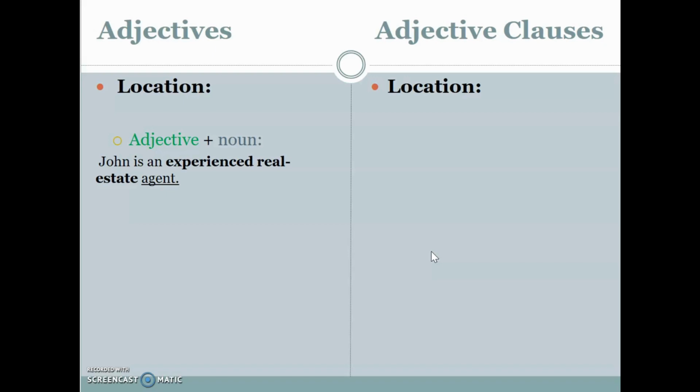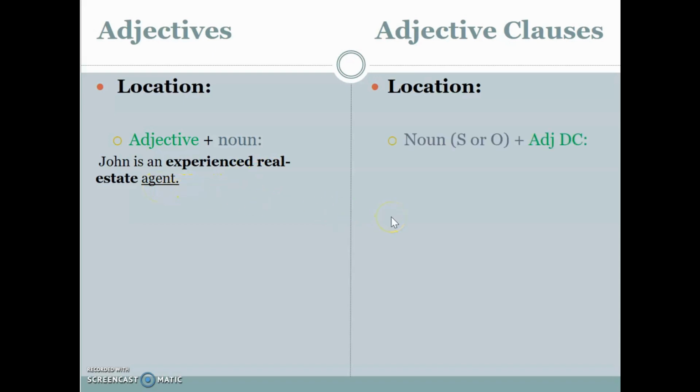The location of adjective clauses. Now, adjectives are always located before the noun they describe, like in this sentence. John is an experienced real estate agent. The words experienced and real estate are two adjectives, and they're located before the noun they describe.